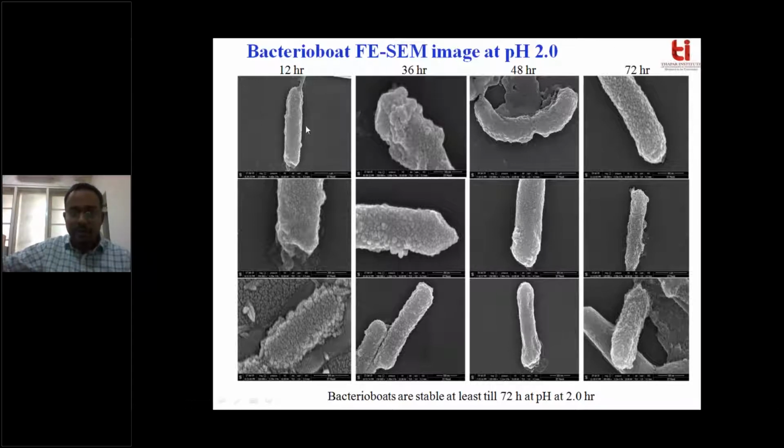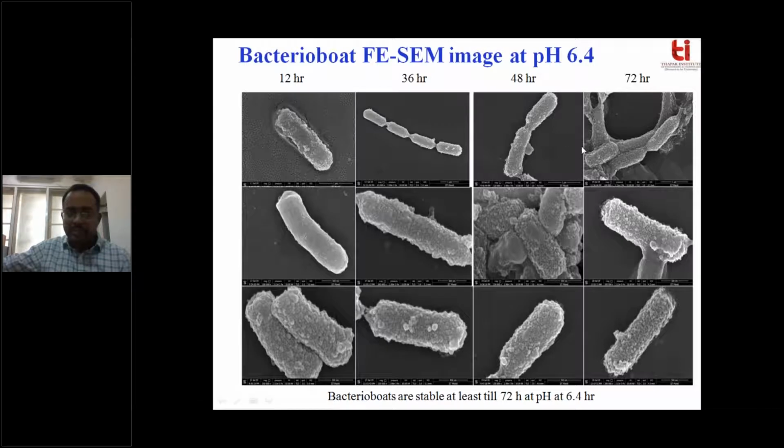So at the beginning, at 12 hours, it's okay. There is always some distortion, so I gave an overall scenario. Then at 36 hours, 48 hours, and till 72 hours, most of the particles look very stable. When I went from pH 2 to pH 6.4, we still found the same pattern.